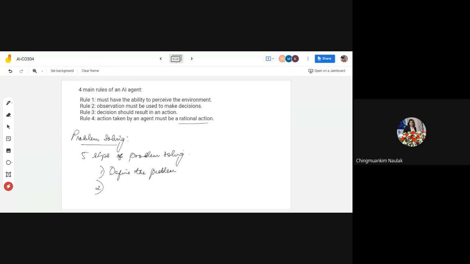And you have five steps of problem solving. The first step is you have to define the problem. Then you analyze the problem, and then you identify the solution.